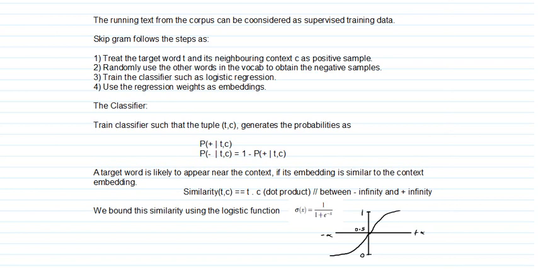Or we can slightly modify this function and bound the values between -1 and +1, right? So in this way we get the positive probability. P of positive given t and c, by using the logistic function, becomes 1 upon 1 plus e to the power minus t dot c, where t dot c is the dot product, and instead of the dot product we will be treating it as a similarity score.